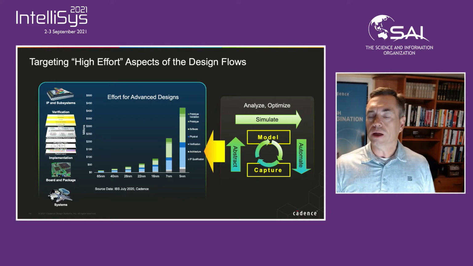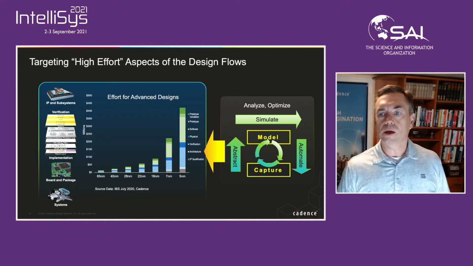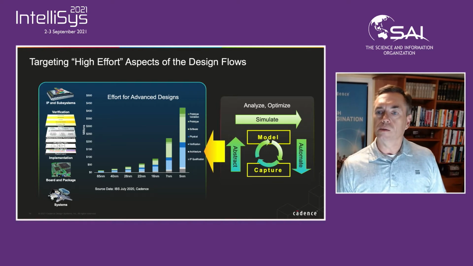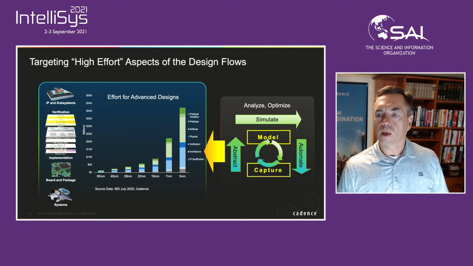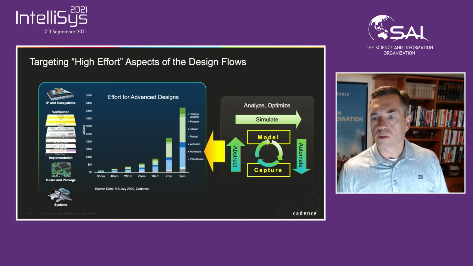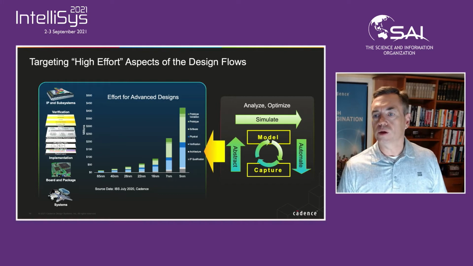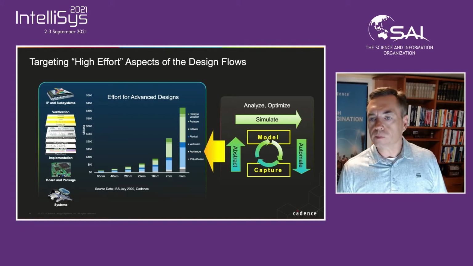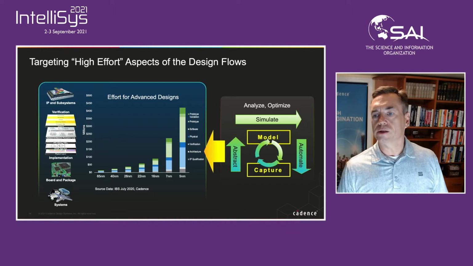For AI/ML, the areas we at Cadence target are what we would refer to as high effort aspects of the design flow. And here's a chart coming from IBS, and we work with them on this, where you see the efforts. The dark blue portion here is the implementation of layout. That's where, on the chip, we'll talk a bit more.